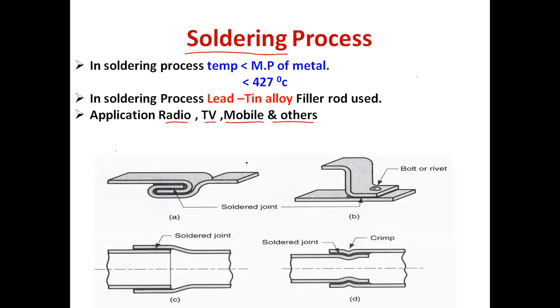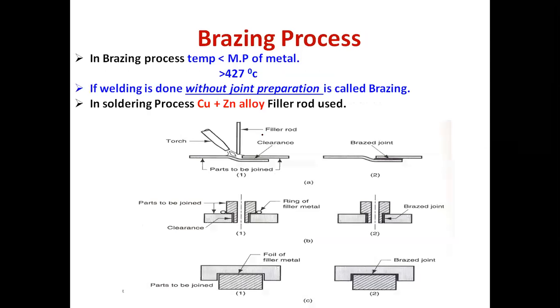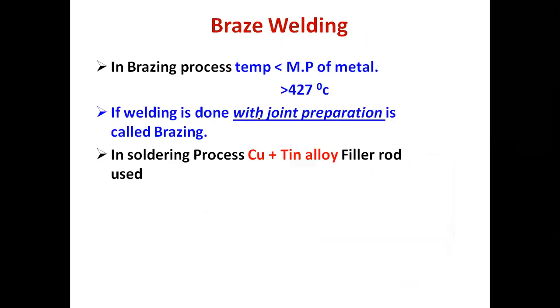As for applications, soldering is normally used to join electronic components. Brazing is used to join pipe fittings. And braze welding is used to join dissimilar metals.